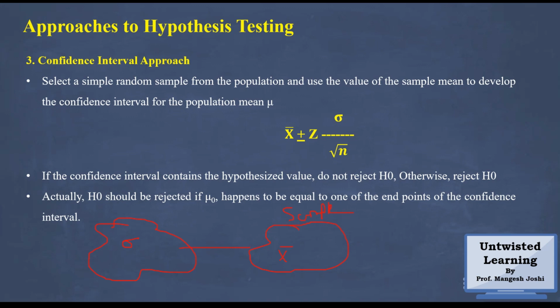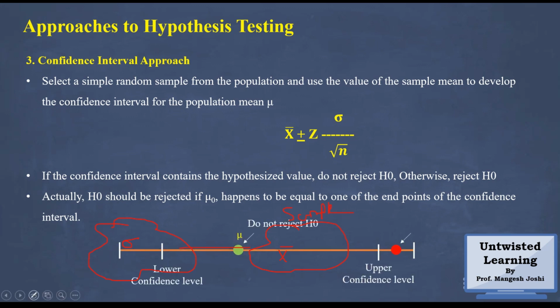If the confidence interval contains the hypothesized value, then do not reject H0. Otherwise, reject H0. Actually, H0 should be rejected if mu 0 happens to be equal to one of the endpoints of the confidence interval. Let us understand with this diagram. Suppose this is your lower confidence level and this is your upper confidence level.